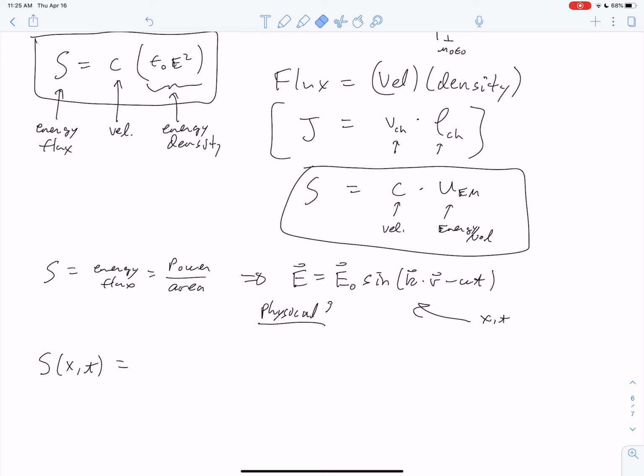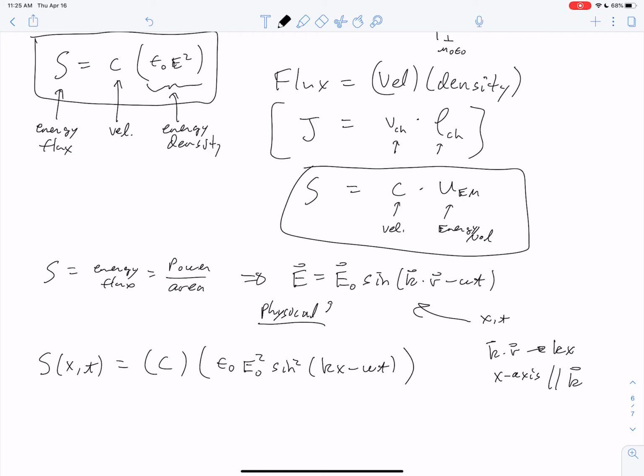And so S of x,t is c, which is the velocity, times the energy density, which is epsilon naught E naught squared sine squared of kx minus omega t. I can always replace k dot r with kx, because I will just pick my x-axis parallel to k, and that allows me to simplify the math.